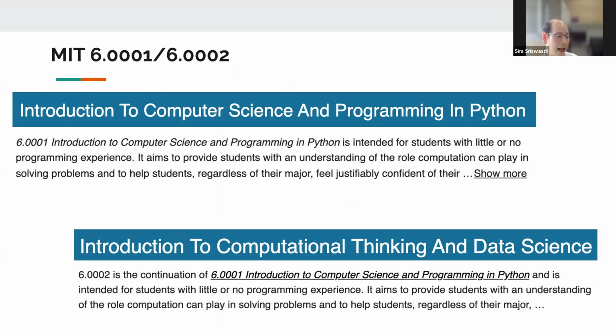I already went through the content, and I have recommended this to many medical students and biology students who want to pick up Python and programming skills. So far, it seems to be working very well for them. These two courses are for first-year undergrad students, so it's geared toward students who have no experience. You should be able to access this.